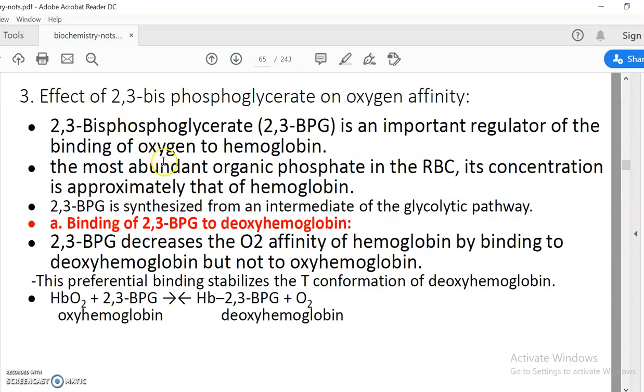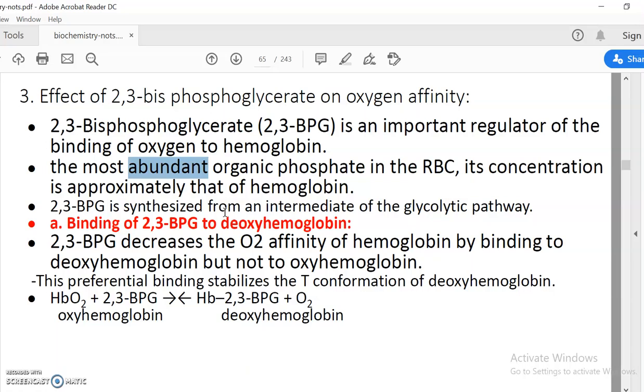It is the most abundant organic phosphate in the red blood cell, and its concentration is nearly similar to hemoglobin concentration. Also, 2,3-BPG is synthesized from an intermediate of the glycolytic pathway.